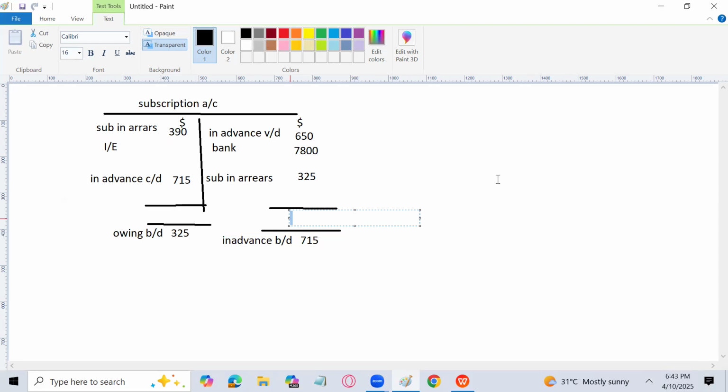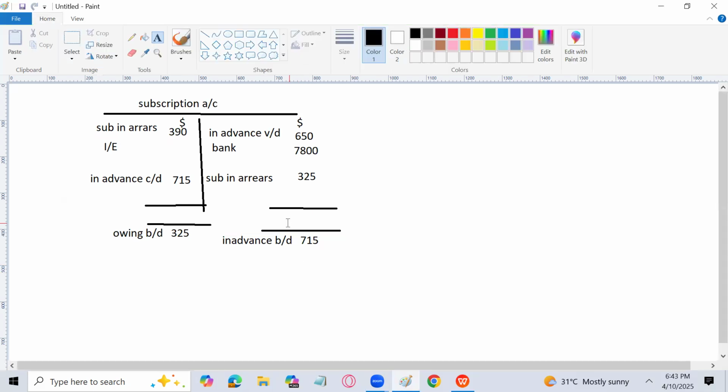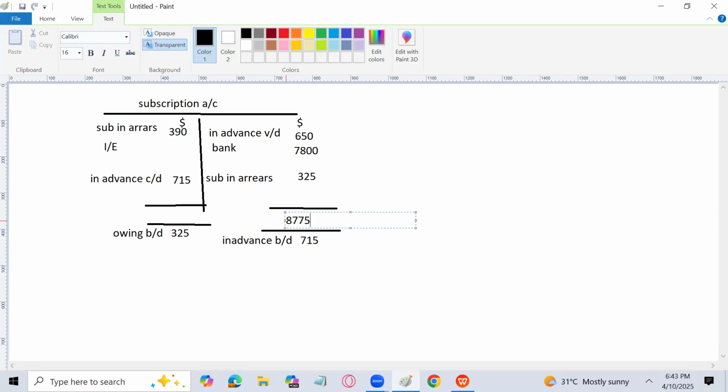Yes, solve it. Padma, you can help me. Okay, Roma, thank you. 8775 is the total of the credit side. Now you have to subtract the debit side of 7670. 7670 is going to be the income and expenditure account figure. So that's how we are done with the subscription.